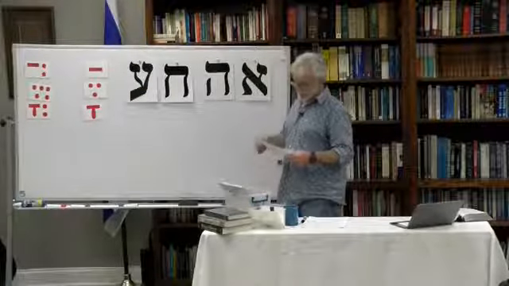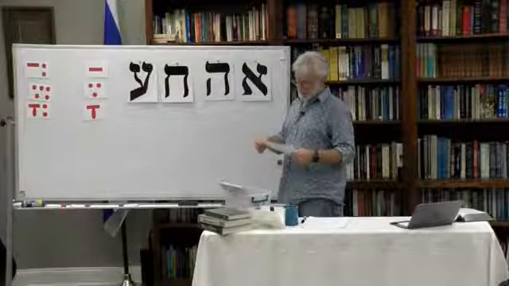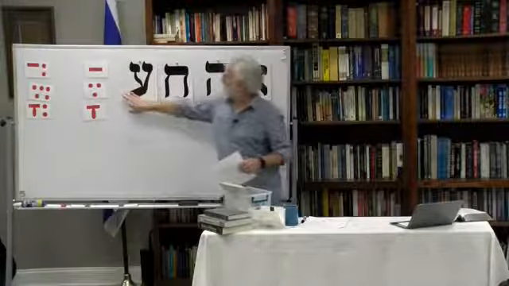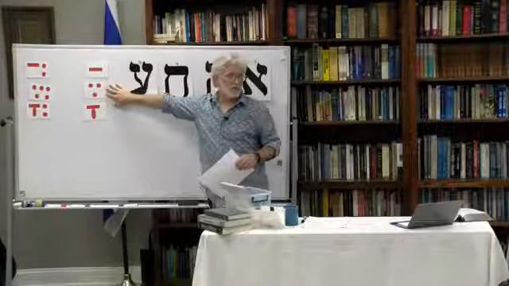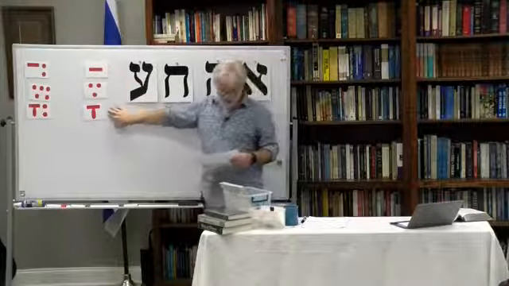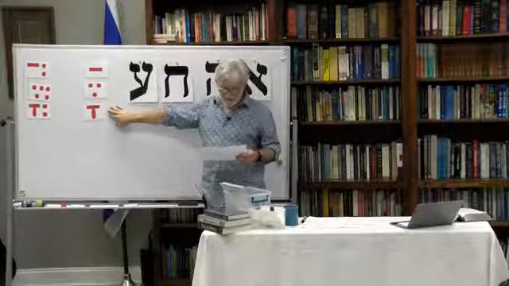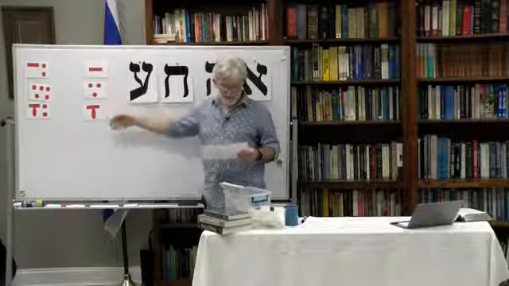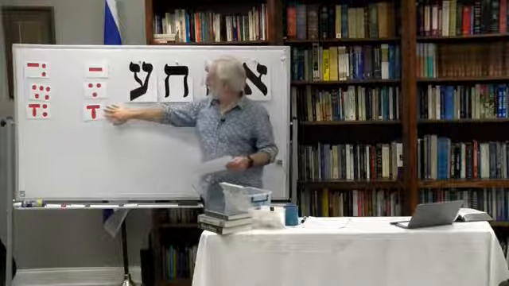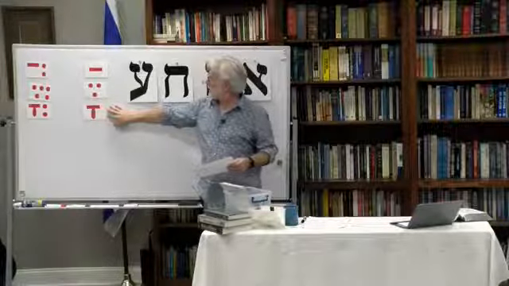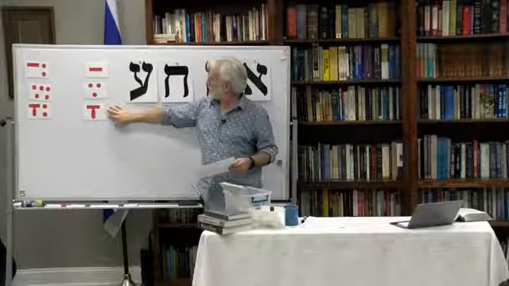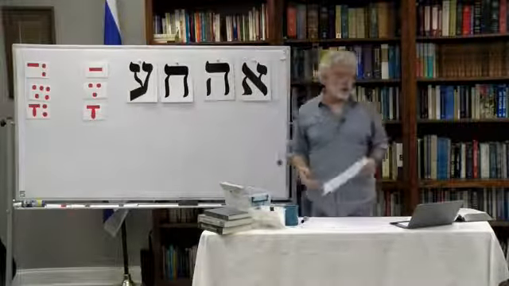Now look down at the E-class vowel, and you'll see the segol. It's a short, right? And then if you look down in the O-class vowels, you'll see chametz chatuf. This is the short O sound, as in cost, okay?